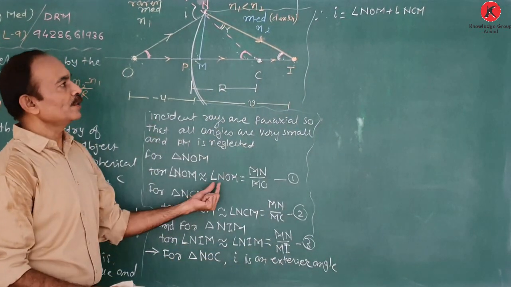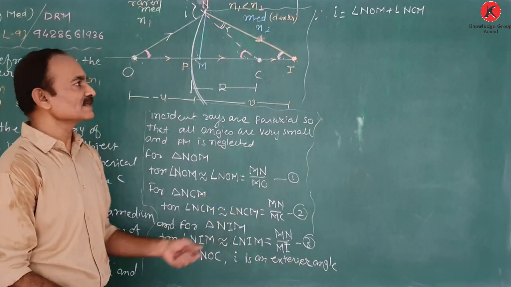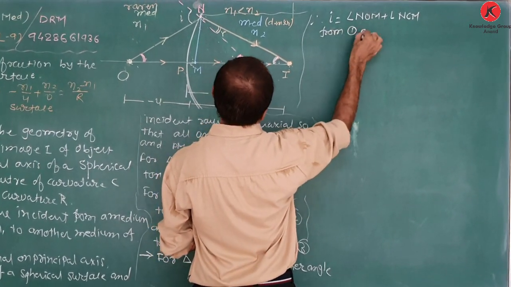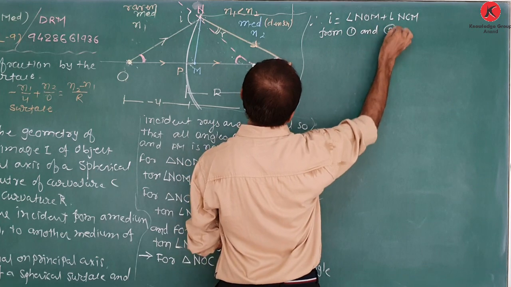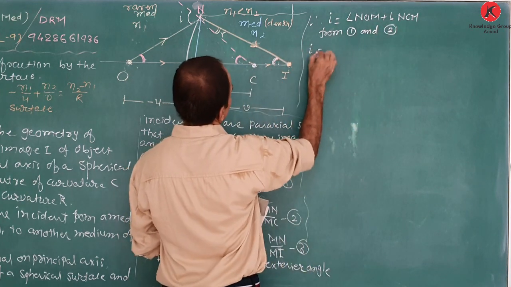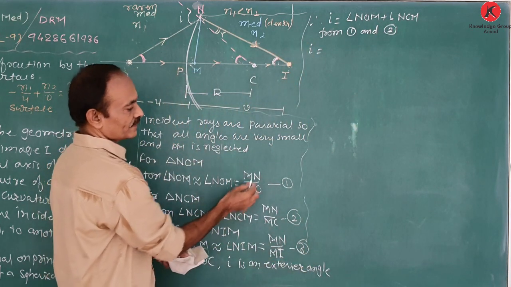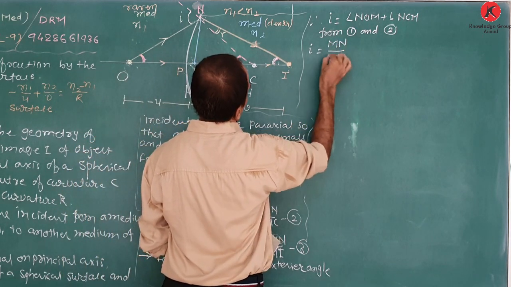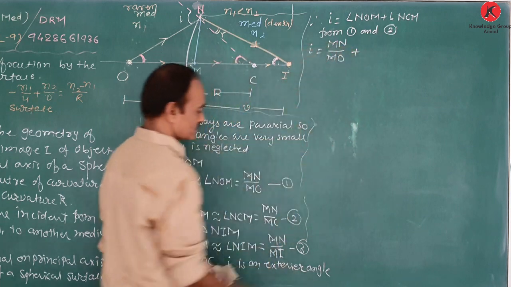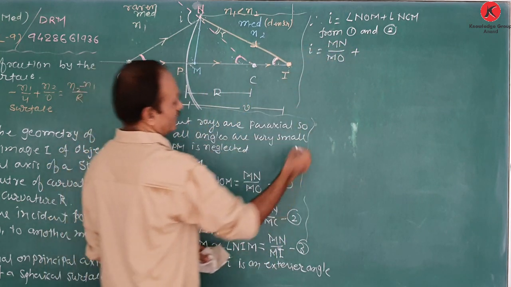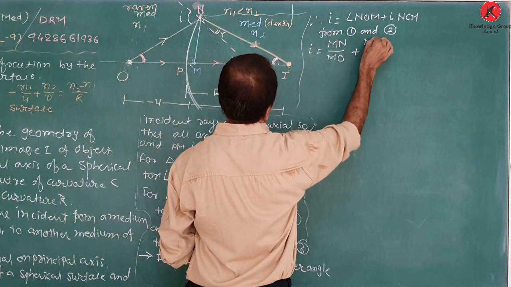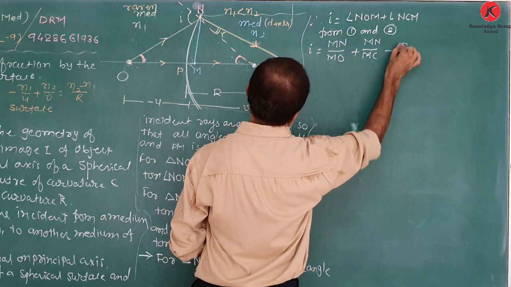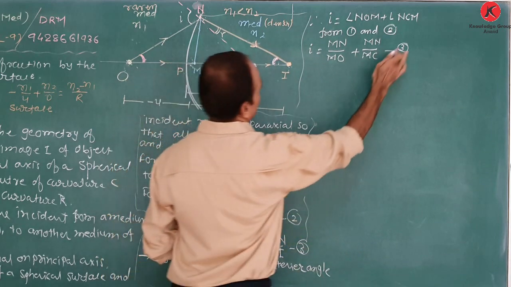Already we obtained the values of NOM and NCM from equations 1 and 2. We substitute these values. Therefore, i is equal to MN upon MO plus MN upon MC, equation 4.